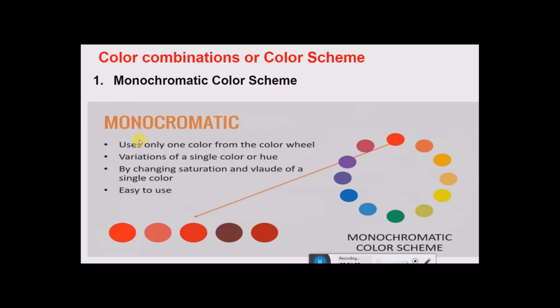So when you make use of only one color from the color wheel, it gives you a monochromatic color. It can be a variation of a single color or hue. By changing the saturation of a single color, you can also get a monochromatic color, and they are very easy to use. Just using one color out of this color wheel will give you a monochromatic color.